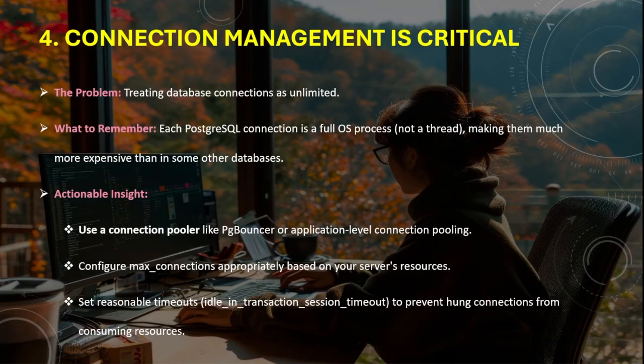For connection pooling, you can use PgBouncer. It maintains a pool of active connections that your application can share, preventing connection storms and keeping your database responsive. If you don't want to use PgBouncer, you can use application level connection pooling to address the same purpose.